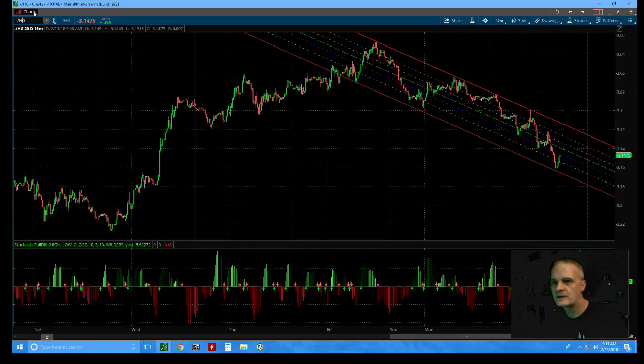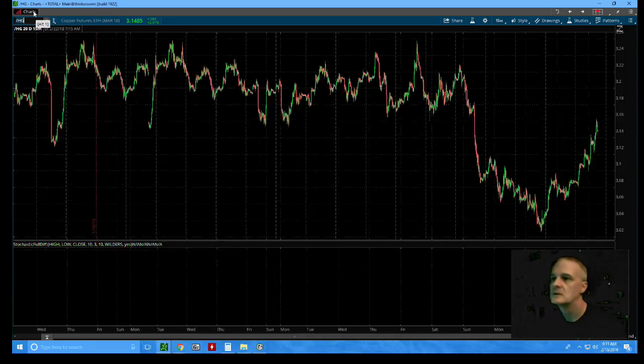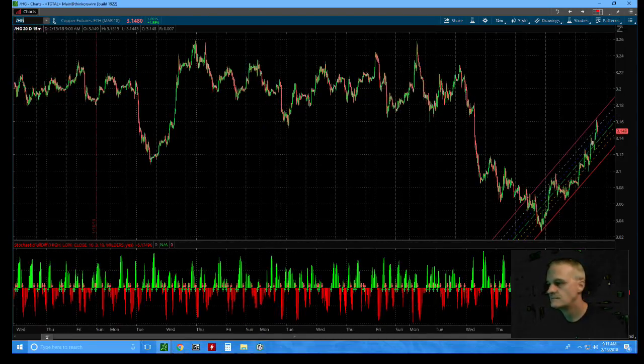But we're not dealing with a bull flag on copper. We're dealing with a potential bear flag on copper, which is important to know. Of course, it's only a 15-minute chart.